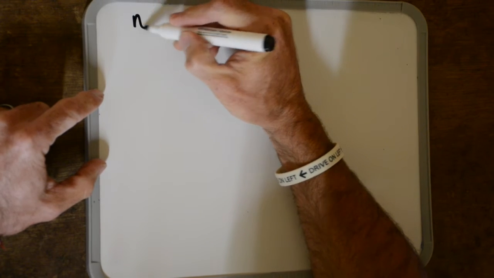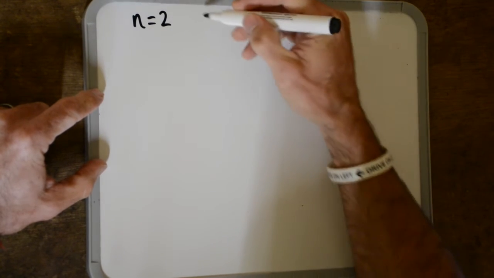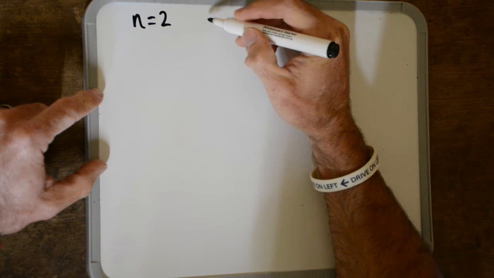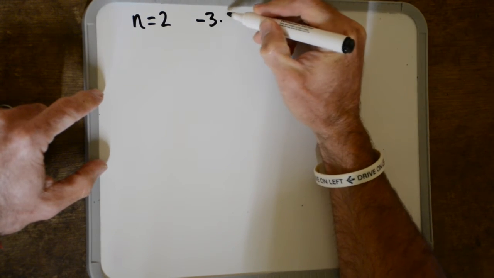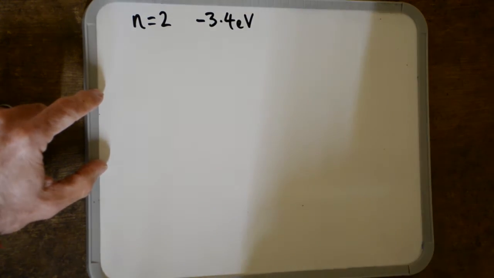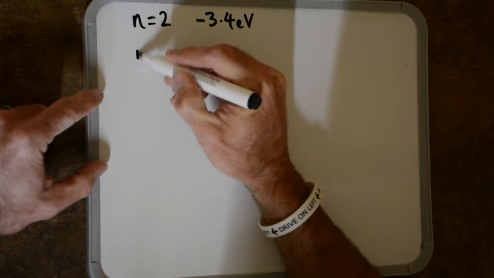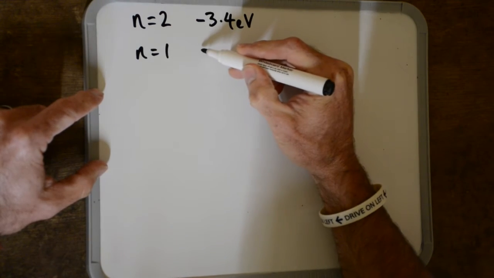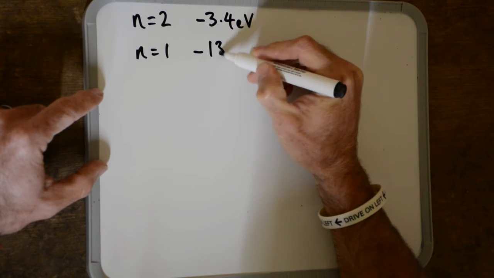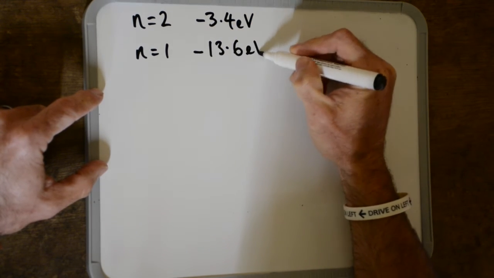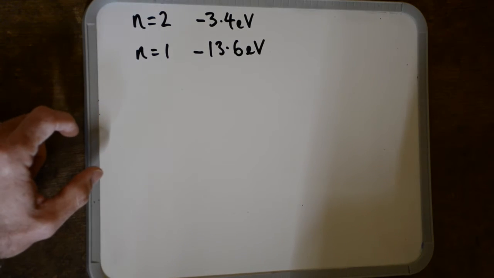So to calculate the wavelength of the photon emitted when an electron drops from one energy level to another, we adopt the following procedure. Okay, so the energy level we're dropping from, n equals 2, the energy is negative 3.4 electron volts, and we're dropping to n equals 1, where the energy is at negative 13.6 electron volts.